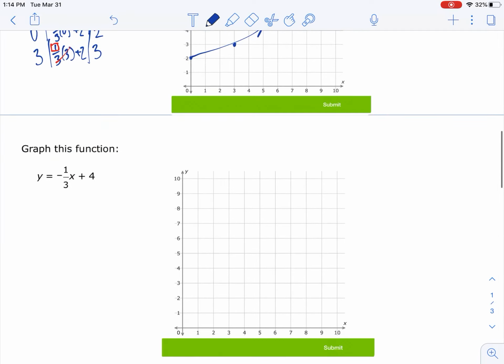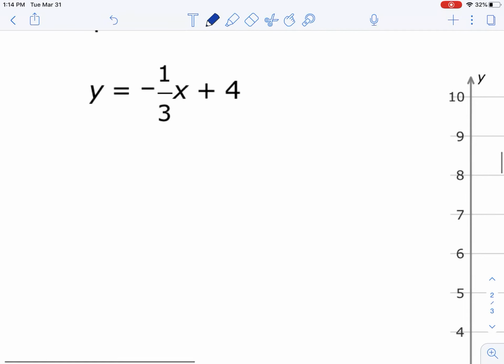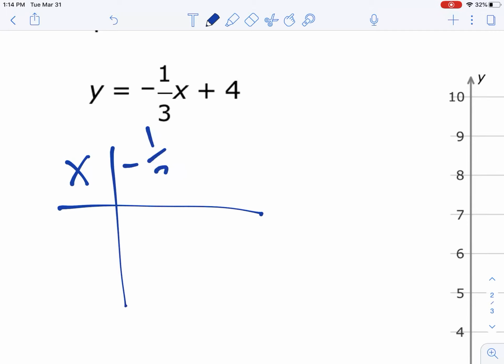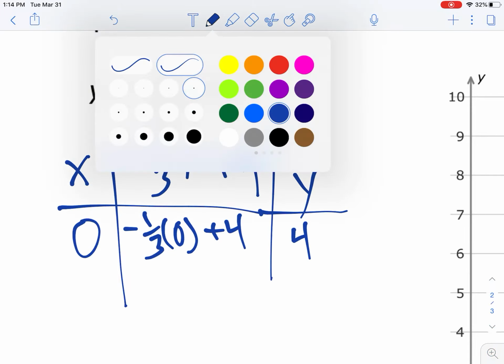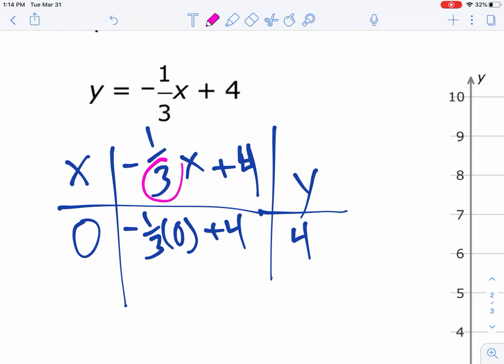All right, let's try another one. This one is a fraction and a negative. So I'm going to draw my function table, negative 1/3 x plus 4, and y. Now it just so happens that this one is 3 again. So I'll pick 0 first. 1/3 times 0 is just 0, and I add that to 4, and I've got 4. Now again, my denominator is 3.